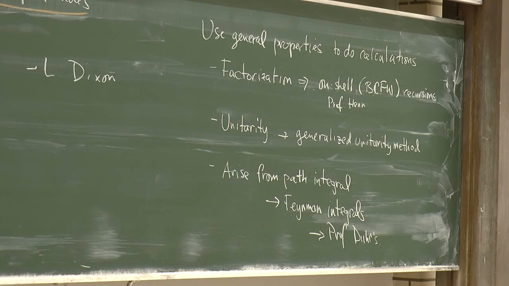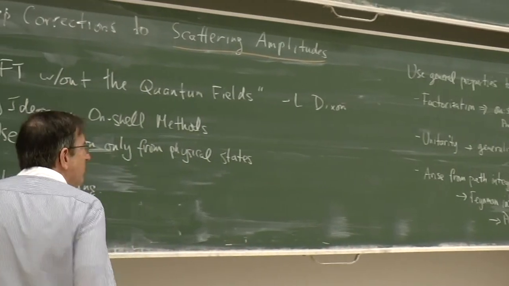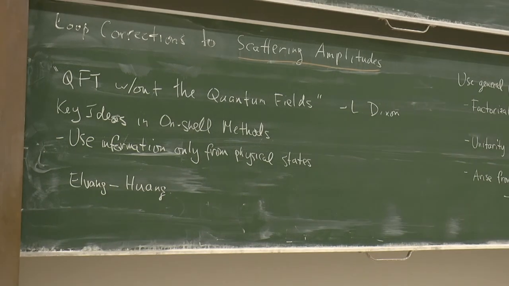In any event, at the risk of infringing on Professor Hen's royalties, I'll also mention there's another book by Henriette Elvang and Yu-tin Huang, which is also kind of a first generation of amplitudes books.